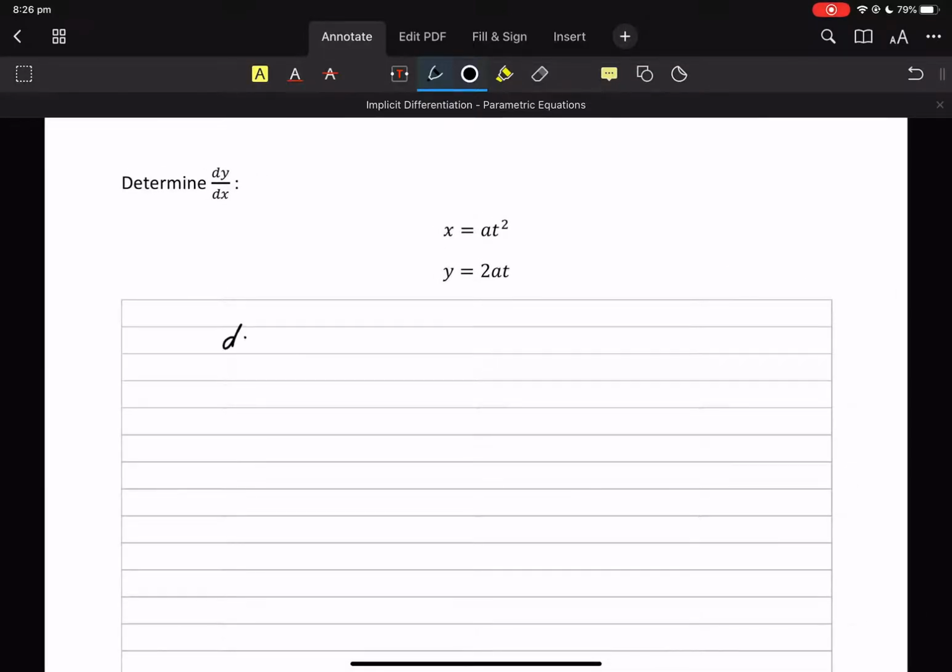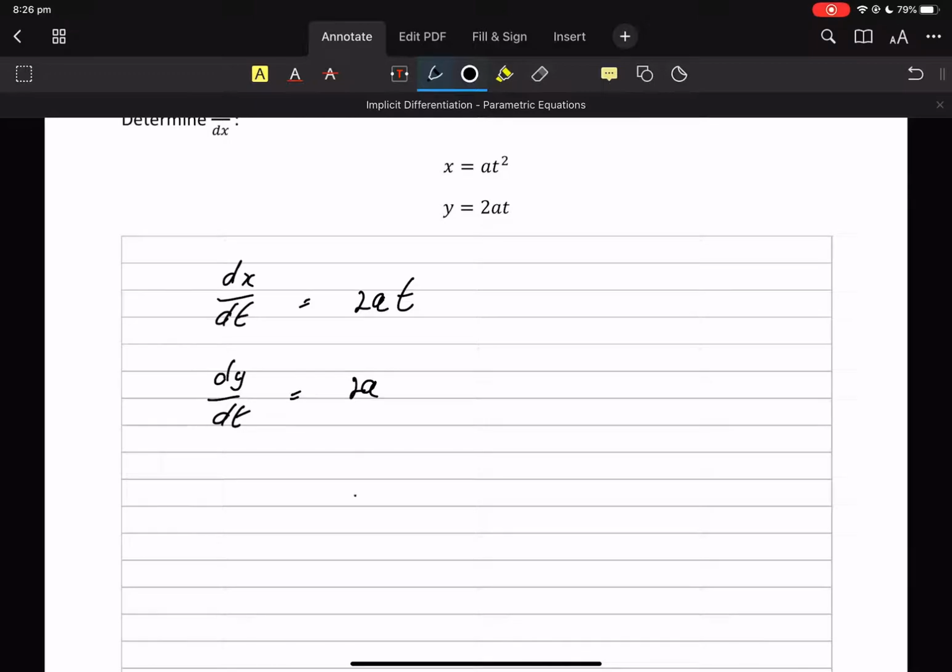So dx/dt. Here that a is just going to be a constant, like a number. So we've got 2a, and dy/dt is just going to be 2a.